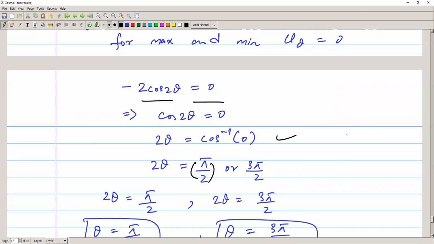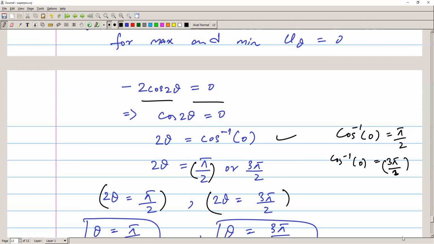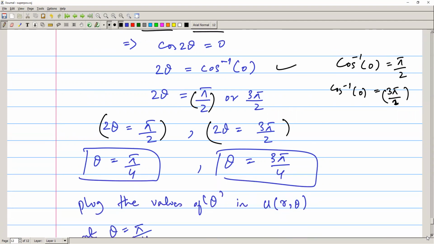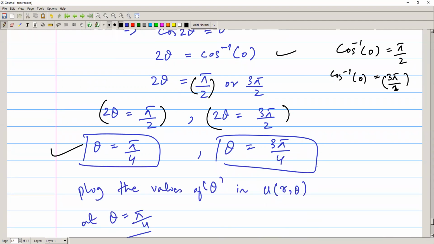Again, we get two values, because cosine inverse 0 is equal to pi over 2 and also 3 pi over 2, right? So 2 theta is either pi over 2 or 3 pi over 2. From here we get two values of theta, that is pi over 4 and 3 pi over 4, right?